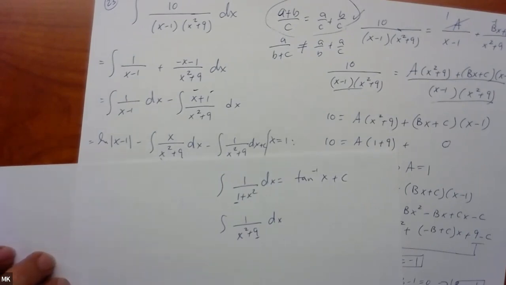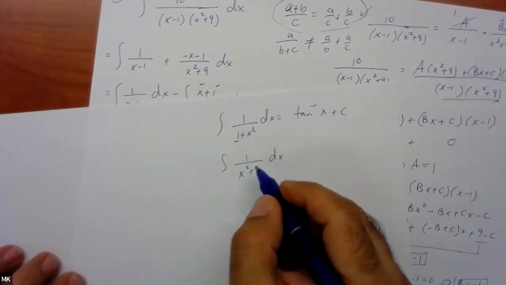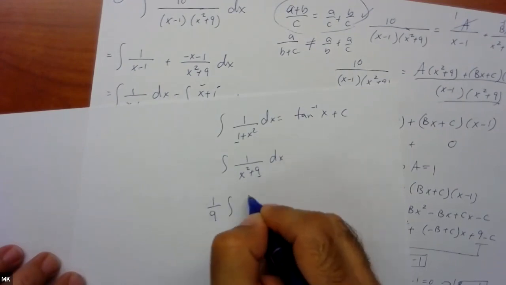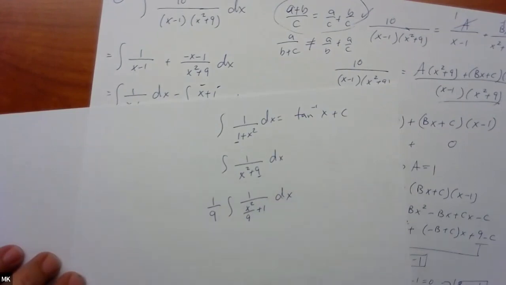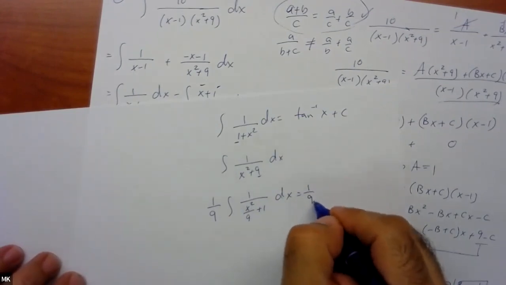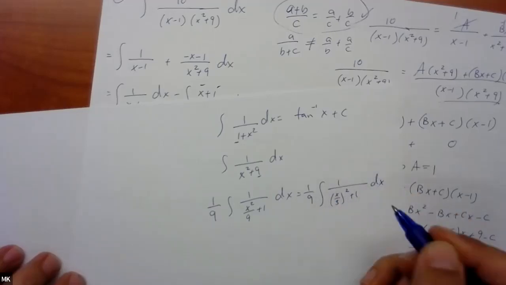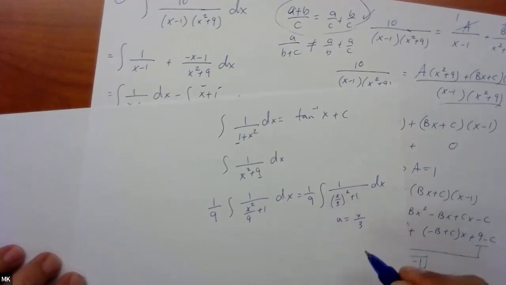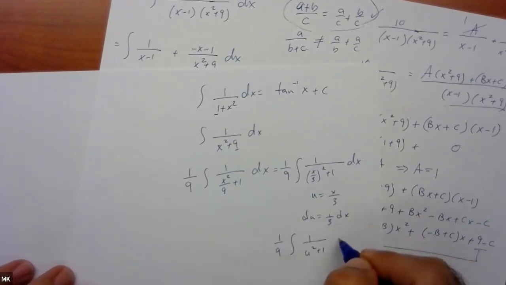Now, a lot of students get comfortable enough with this that they don't write the next steps I'm writing, but I think it doesn't take that many steps. So you could factor out the 1/9. Then you let u be x over 3. du is 1/3 dx. So you get 1/9, 1 over u squared plus 1.